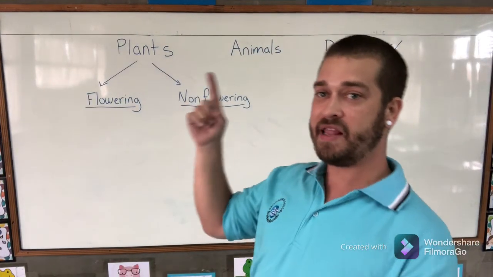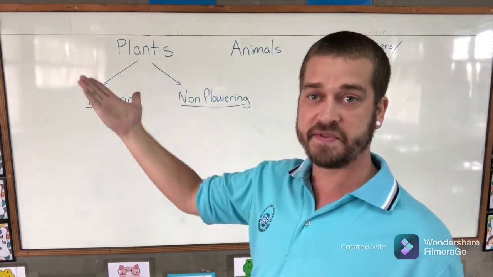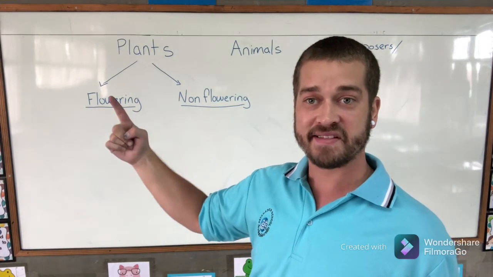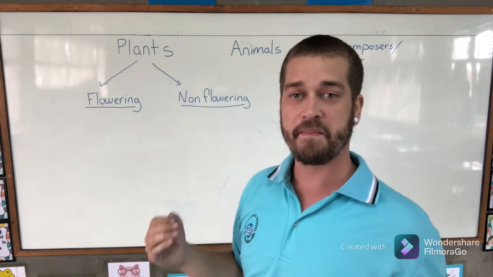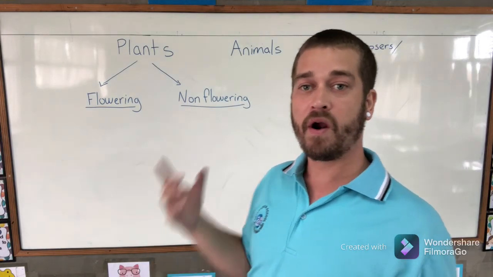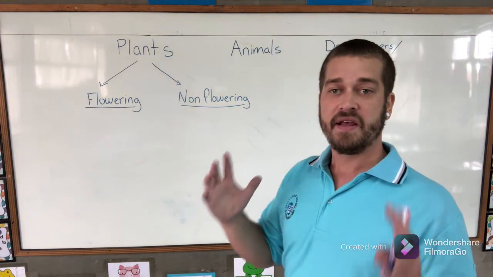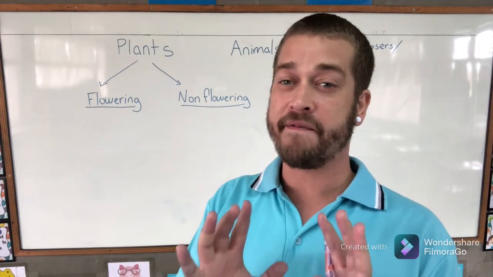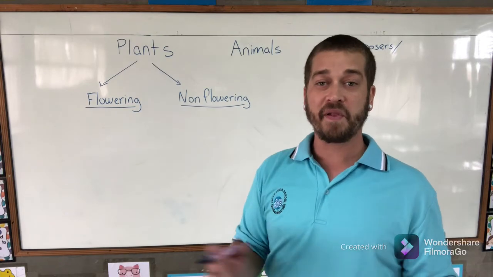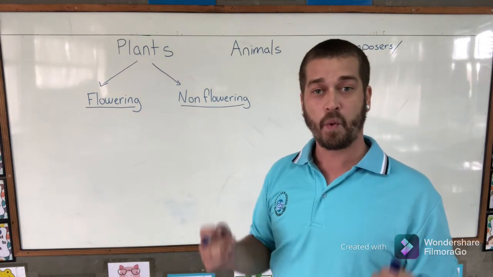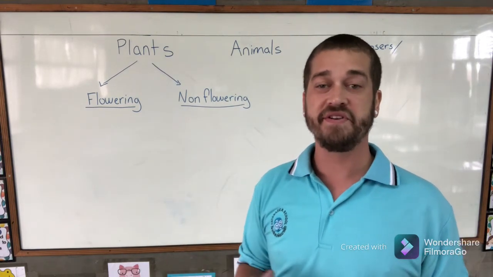After breaking our living things up into groups, we then looked at our plants, and we decided that there are flowering plants, or plants that produce flowers, and non-flowering plants. Now, we found that only a few plants don't have flowers. Those are plants like ferns or moss, which don't produce flowers.